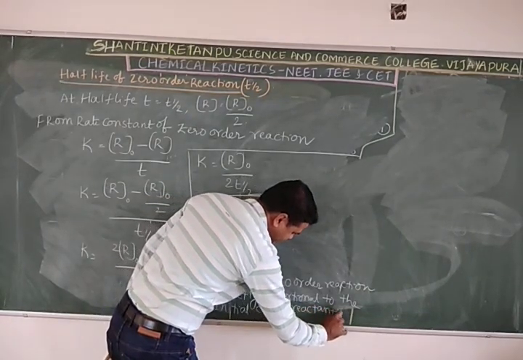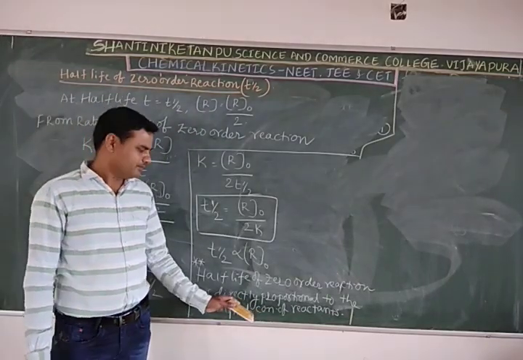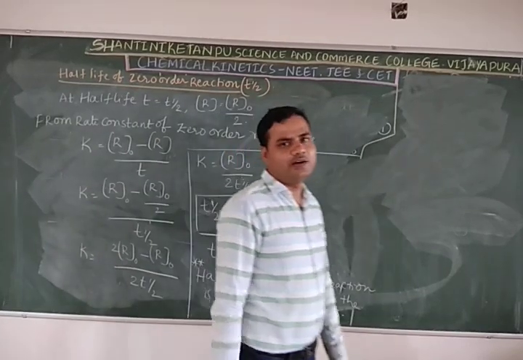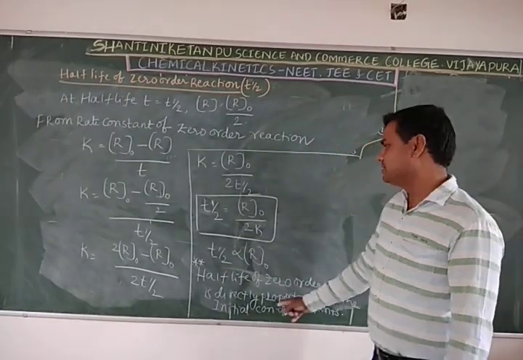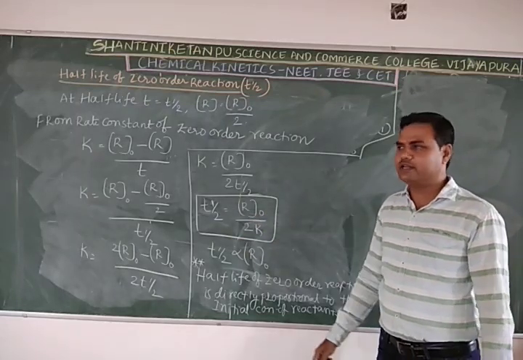Directly proportional to what? Initial concentration of reactant. Means, for example, if the initial concentration of the reactant is increased, then the half-life value also increases. So this is the half-life equation for the zero order reaction.